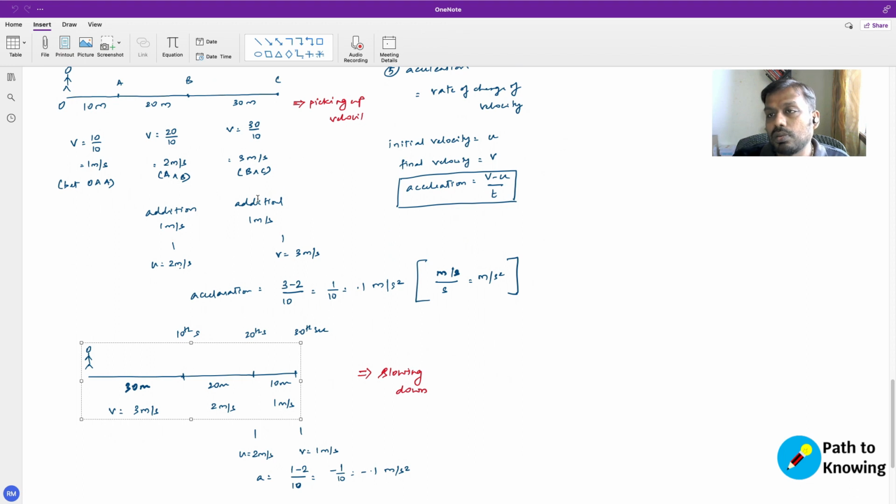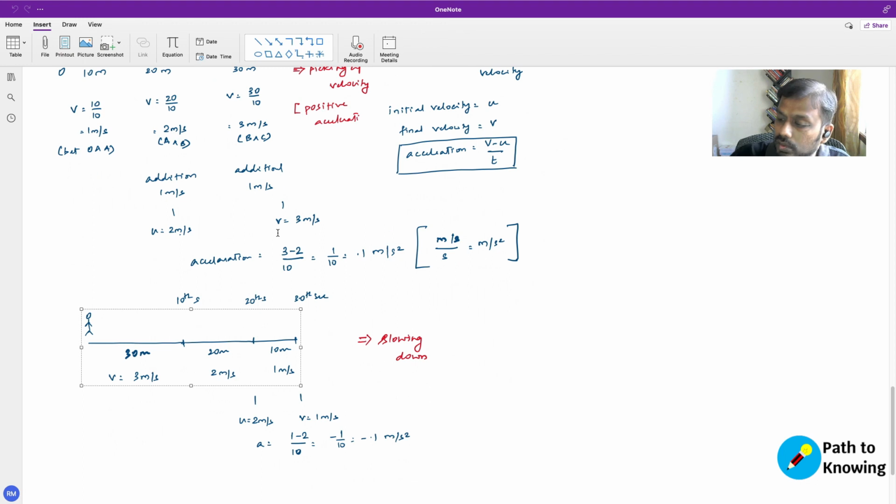Right. So the other way to say this is, when you are picking up, this object is undergoing positive acceleration, and when you are slowing down, this object is actually undergoing negative acceleration.